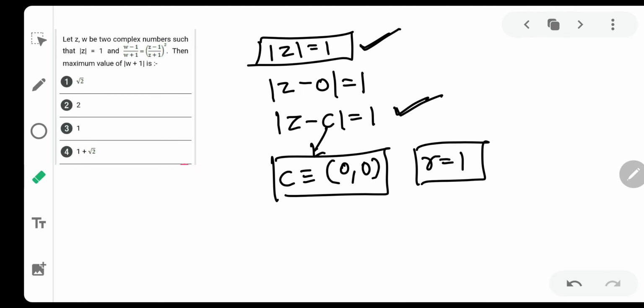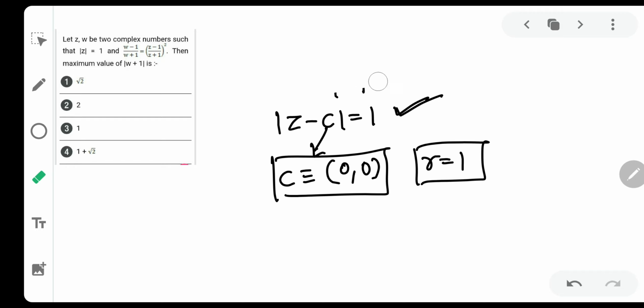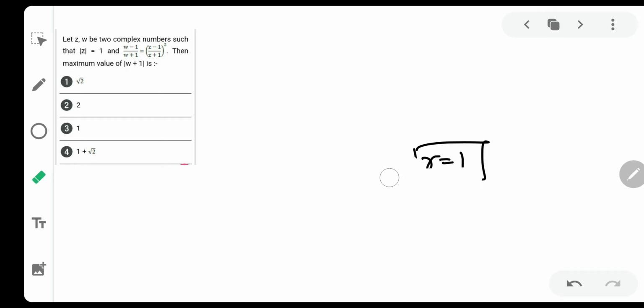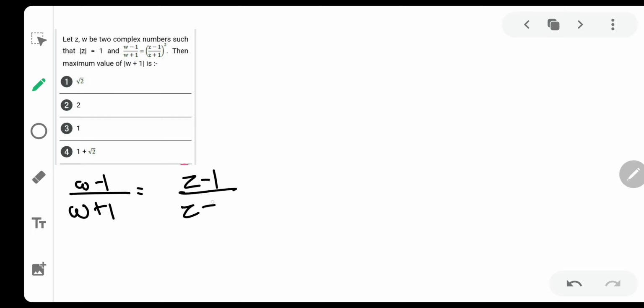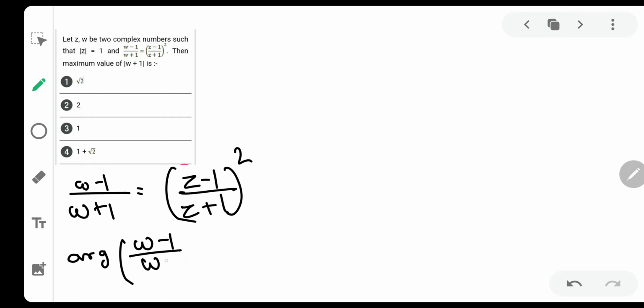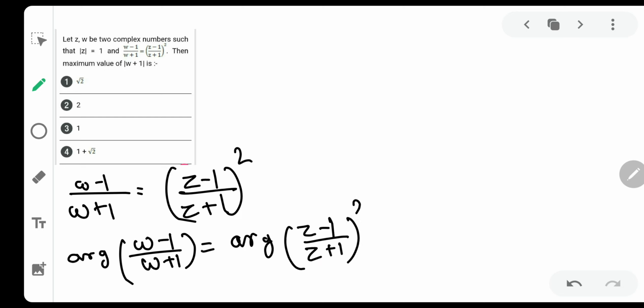Very good. Now what they have told us is a critically complicated looking equation, which is (omega − 1)/(omega + 1) equal to ((z − 1)/(z + 1)) the whole square. Now this looks like some argument property. Let us take argument on both sides. So arg((omega − 1)/(omega + 1)) is equal to arg(((z − 1)/(z + 1))²).